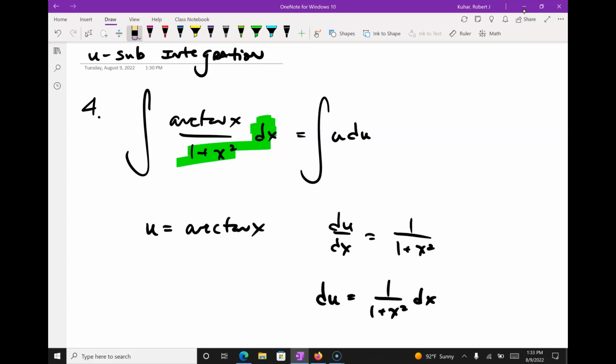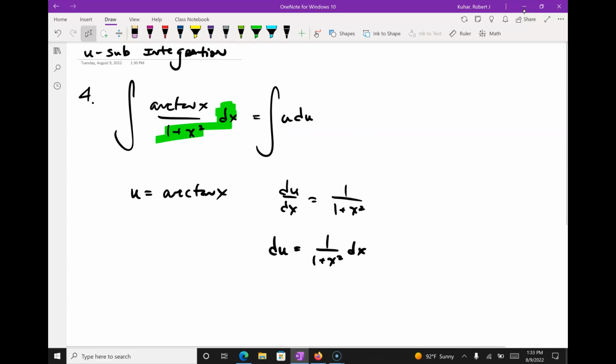So what do I get now from my integral? It's now a power rule, right? It's u to the first power. What do I get when I integrate? u squared over 2 plus c. I'm integrating u du. It's like x dx. But what is u? It's arctan. So I get arctan squared of x over 2 plus c.